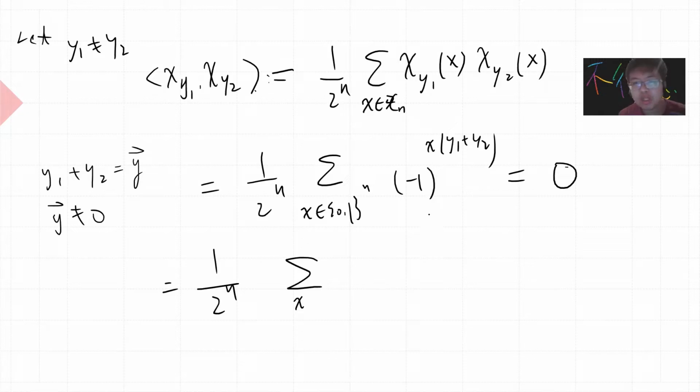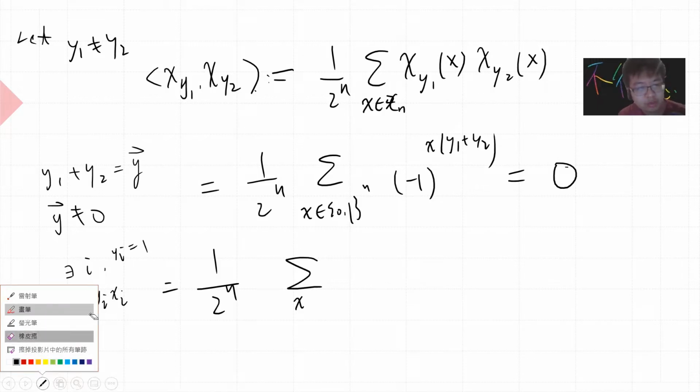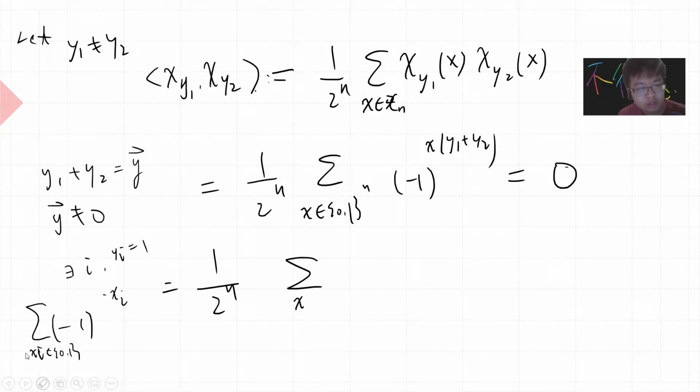Whatever the term is, there is always some i such that we have minus 1 to the yi xi, where xi is either 0 or 1. So there will be some i such that yi is 1, and there will be a term whose contributions cancel, so this will be 0.